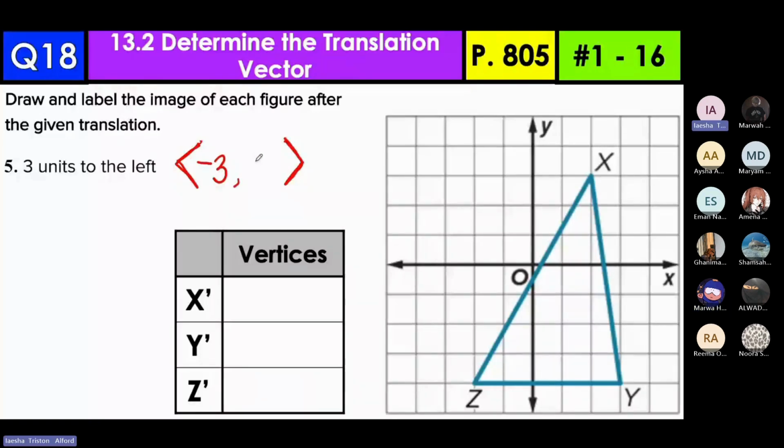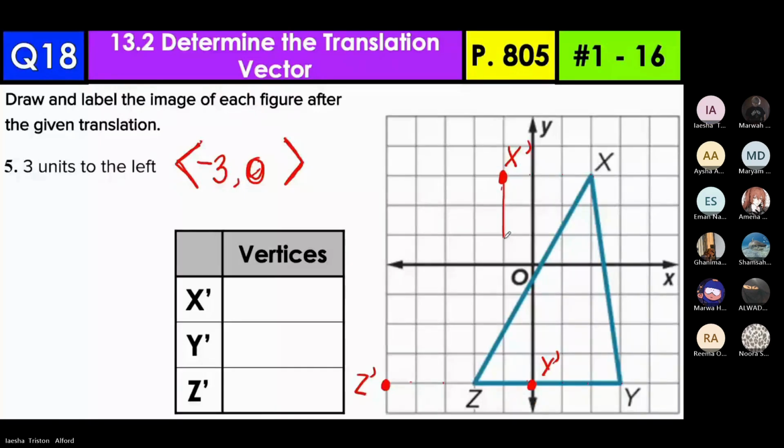So we're going to take all the points and go left 3. So 1, 2, 3, stay. This is x prime. From z, 1, 2, 3, and stay, z prime. From y, go left 3, 1, 2, 3, and stay. This is y prime.